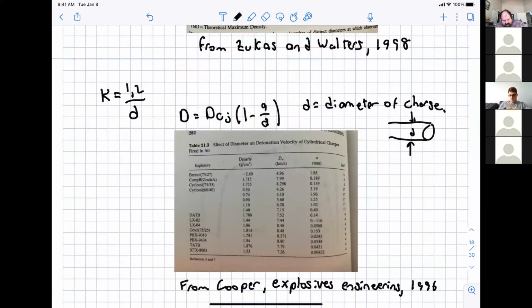Okay, and so basically this 1 over D here is just representative of the curvature. And then for that type of curve fit, you see basically additional data here. Again, these are just curve fits to experimental data, and the experimental data shows the exact same sorts of trends that the detonation shock dynamics showed.